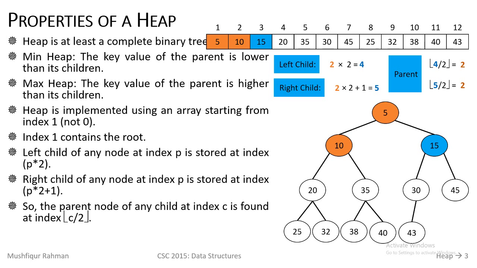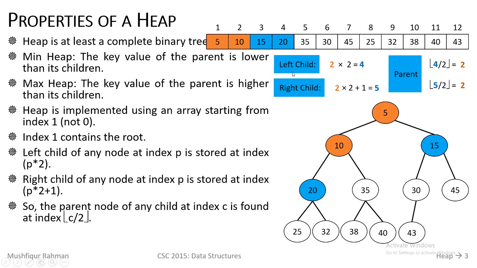Now the index changes. Index is 2, and 2 times 2 is 4. Index 4 is the left child and index 5 is the right child. Here 10 is the parent and 20 is the left child.